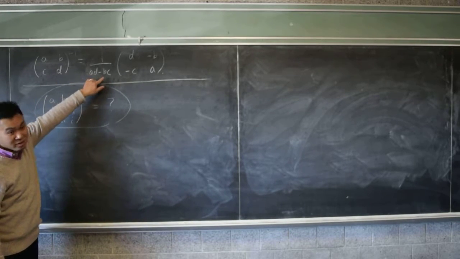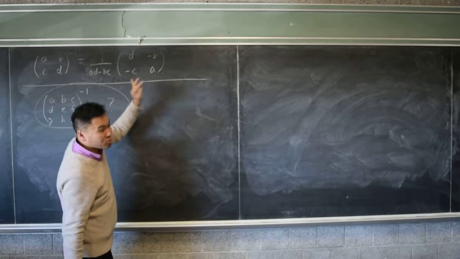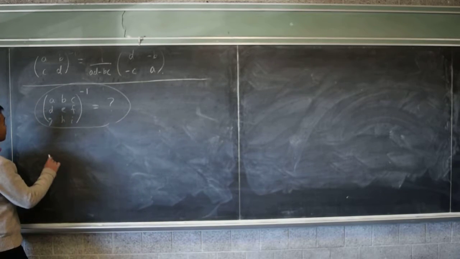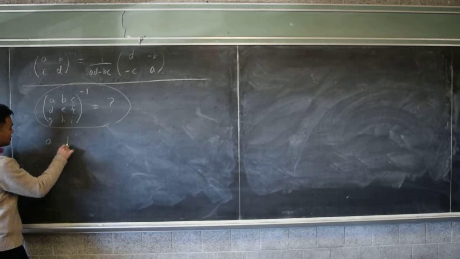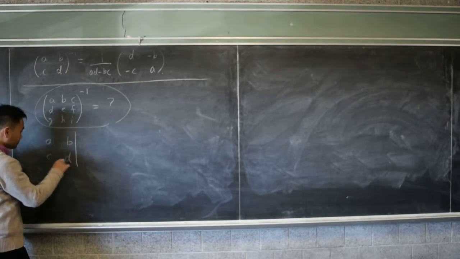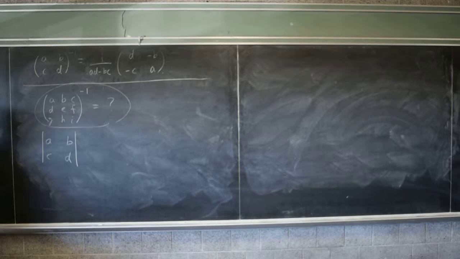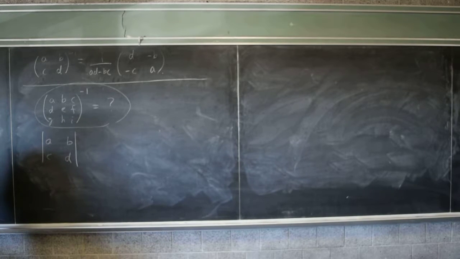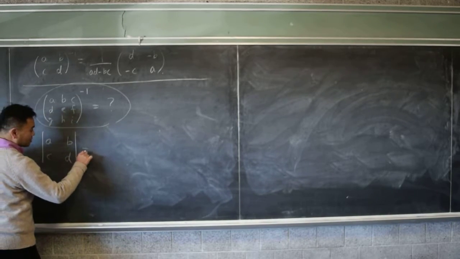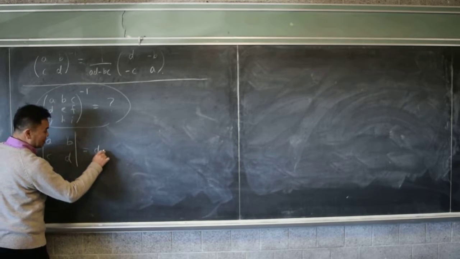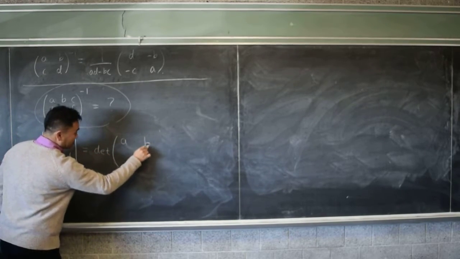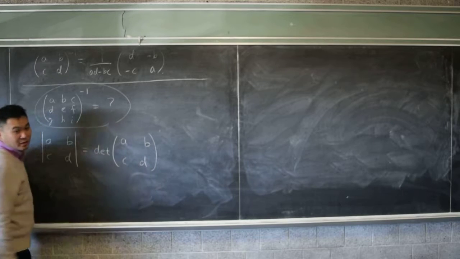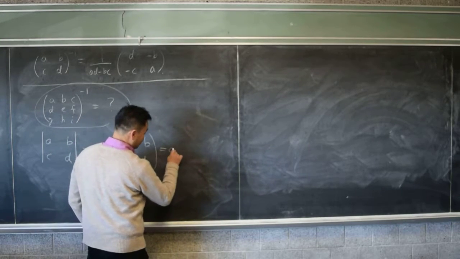First of all, this AD minus BC thing, which is in the denominator of all the elements, turns out to be something very important. Okay? So that has a name. When you have A, B, C, D, and when you write it using lines like this, sometimes it's written as det of A, B, C, D. So whenever you see this or that, it means it's AD minus BC.